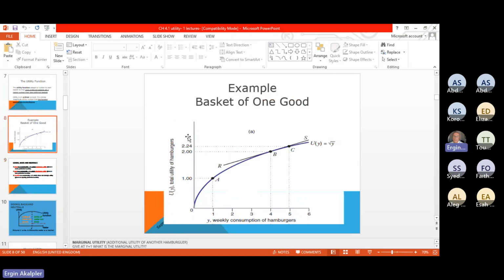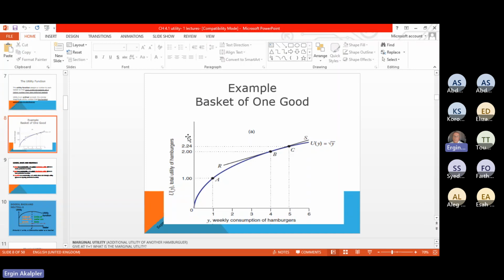As you see, it starts from 0 and goes to A, B, and C. A represents the combination of the total utility of hamburgers and weekly consumption of hamburgers. In this direction, we are observing that A consumes, let's say, 1 unit of hamburger, B consumes 2, and C consumes 2.24.